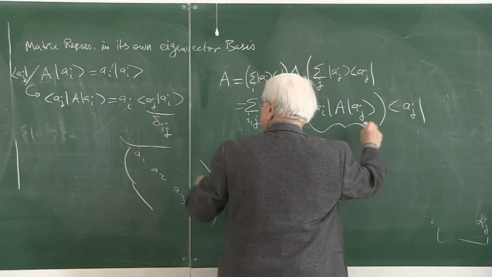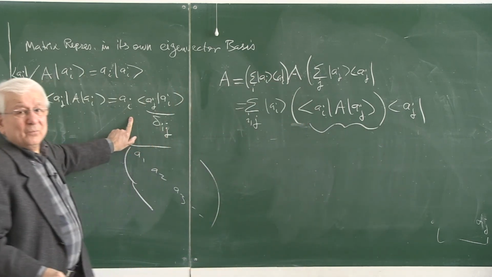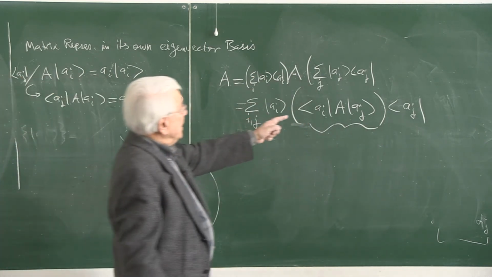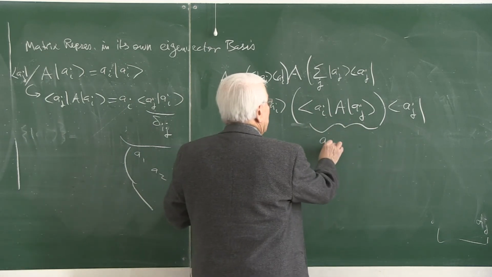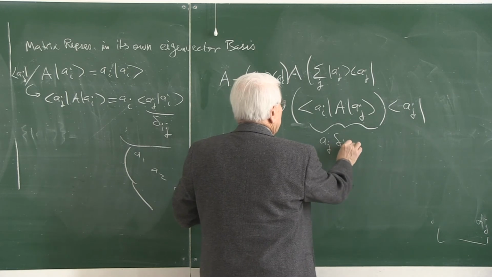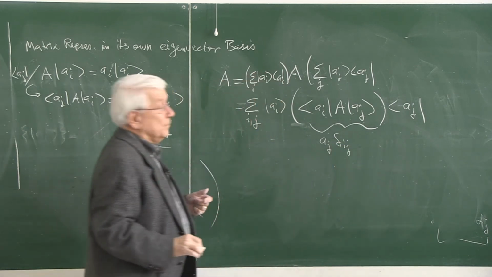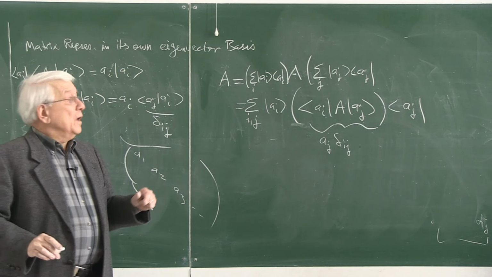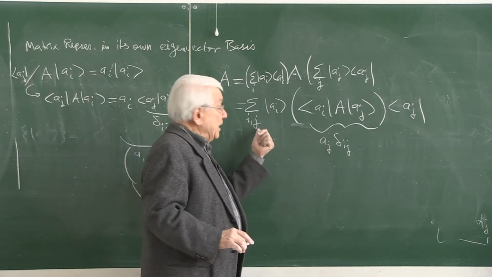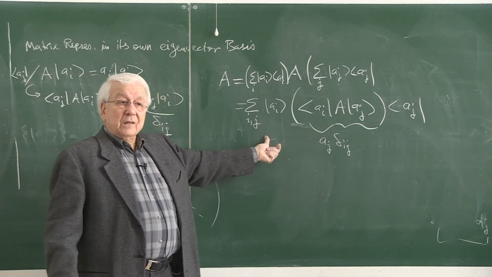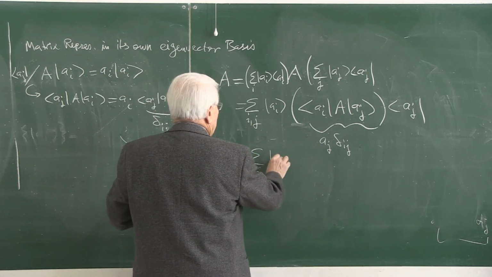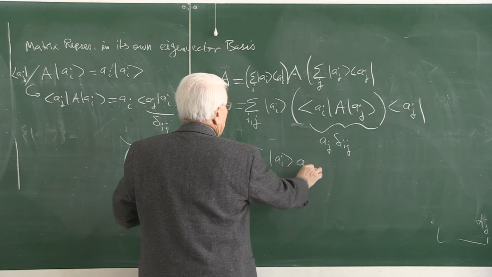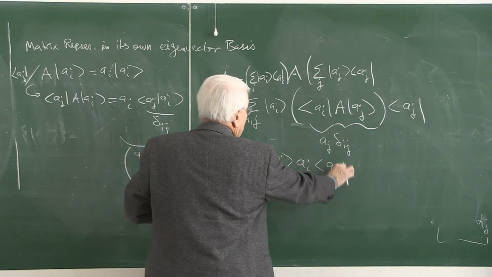Here I can use this expression that when it acts on |A_J| it gives you the eigenvalue times |A_J>, and then use the orthonormality. So it is a_J delta_IJ. And then carry out one of the summations, taking advantage of the delta. It becomes the sum over I, |A_I> a_I <A_I|.